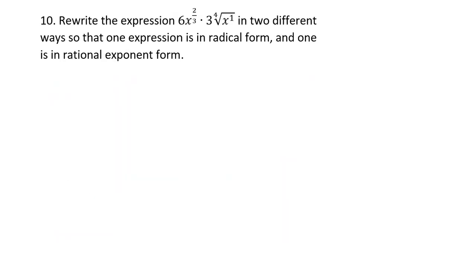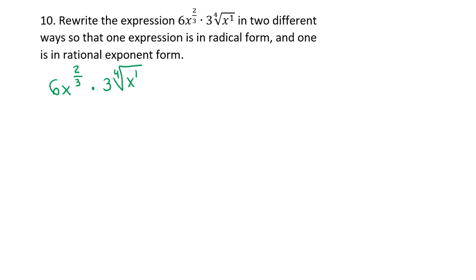Another problem where we have an expression that we want to write in radical form and in rational exponent form. And once again, I would suggest just combining the two, do the multiplication, and then write it in both those forms. So we currently have 6x to the 2 over 3 times 3 fourth root x to the first.